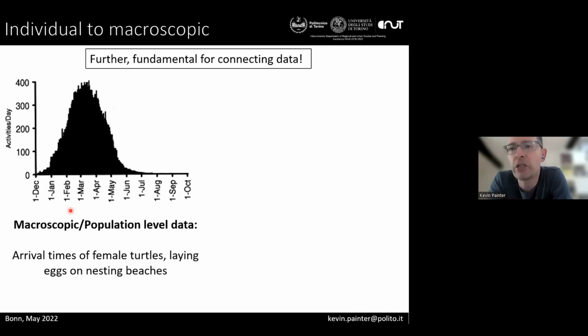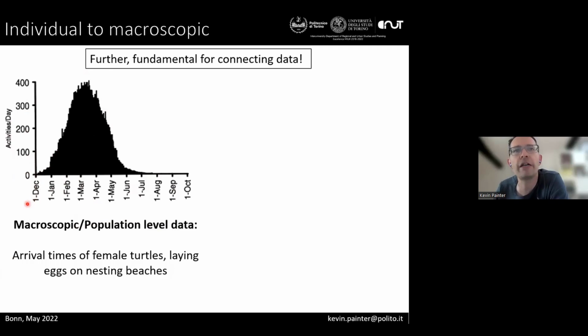Now, another motivation for building up from the level of an individual is being able to connect the sort of data that we're able to obtain in a biological problem. So in terms of that problem on turtle navigation that I talked about, you can collect data at a macroscopic or population level.